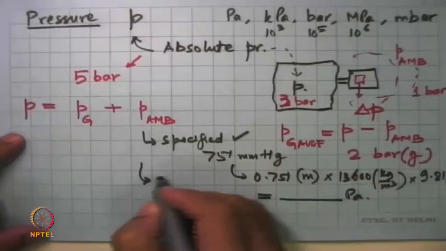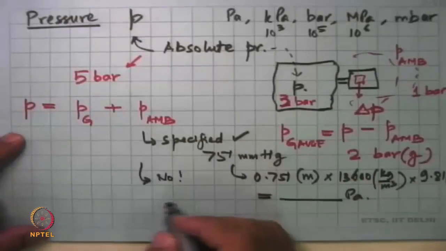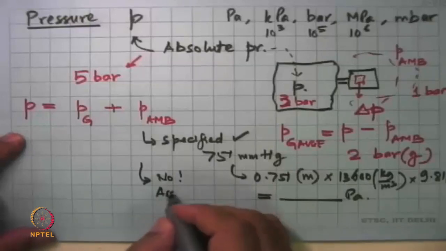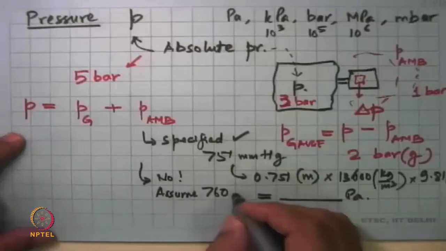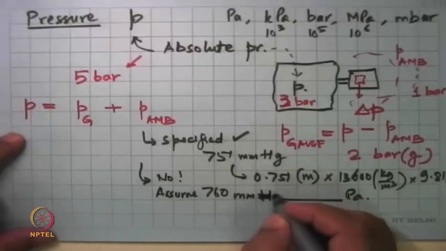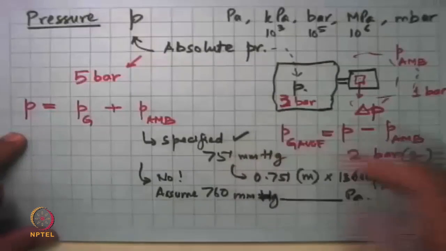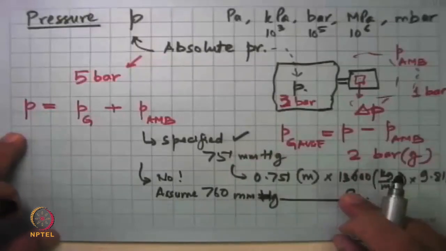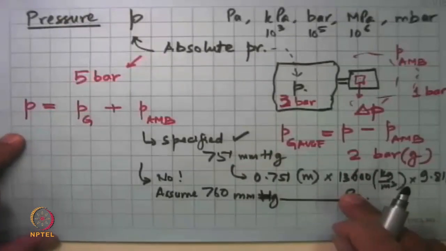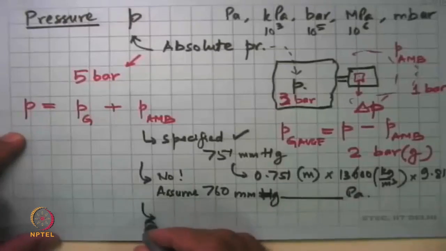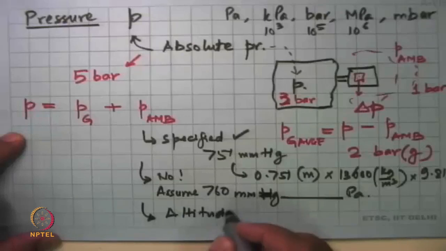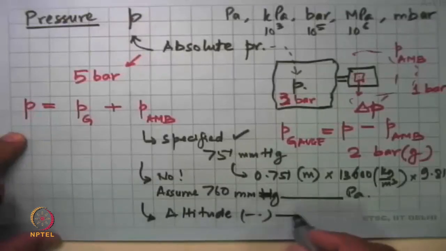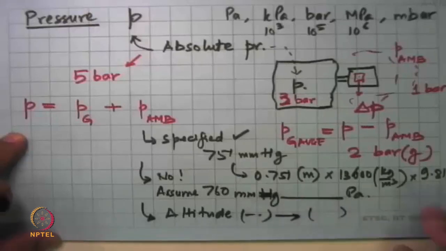If nothing is given, no information, we assume that the ambient pressure is 760 millimeters of mercury. And then we do the same calculation and see how many Pascal that is. And in some cases, if you are told what is the altitude at which it is working, then you can find out that at that altitude, what is the pressure.